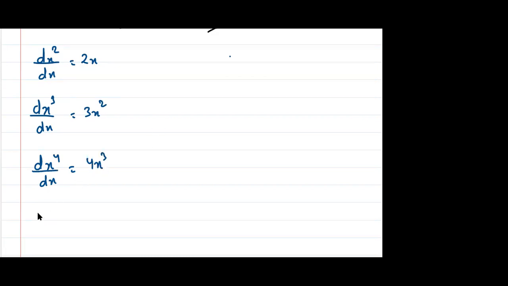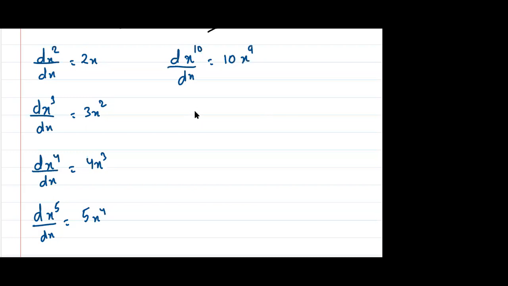Very good, guys. What is d(x to the power 5) by dx? 5x to the power 4. Very good. If I tell you, what is d(x to the power 10) with respect to dx? 10x to the power 9. Yes, very good.